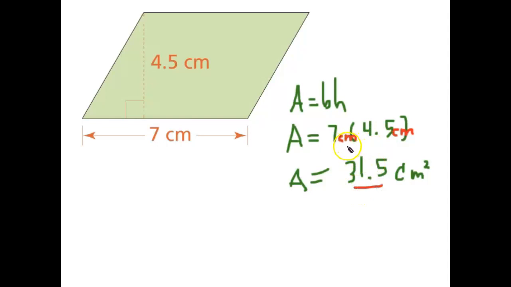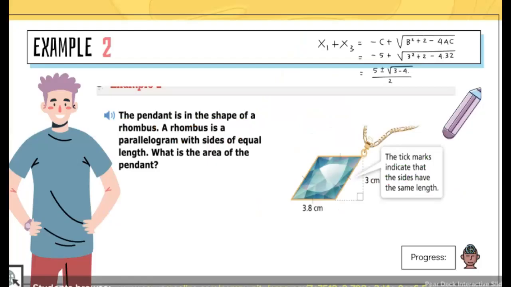You also multiply centimeter by centimeter, that's why it's square centimeters. So the area for this, let's say this is a garden or whatever has that kind of parallelogram shape, is 31.5 square centimeters.